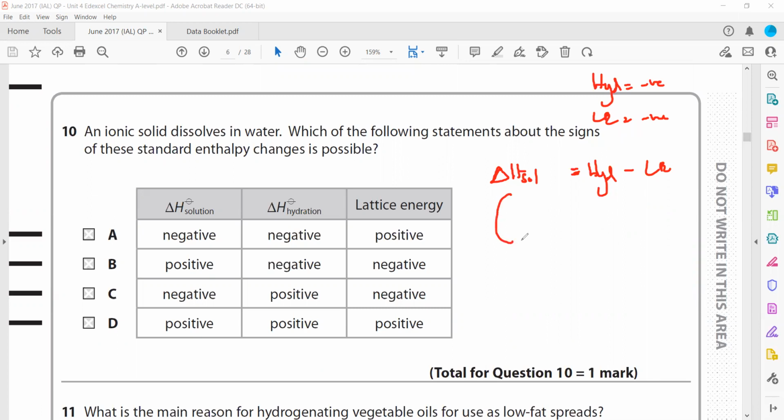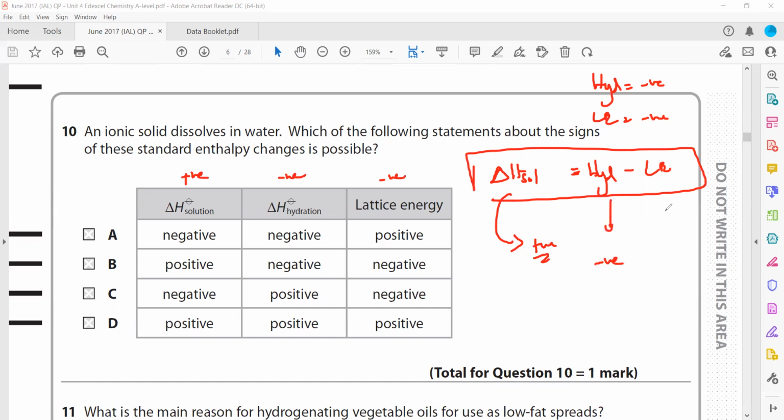But the enthalpy change of solution should be positive for a substance to dissolve. The formula is enthalpy of solution equals hydration minus lattice. So hydration will be negative and lattice is also negative, so minus minus will be plus.